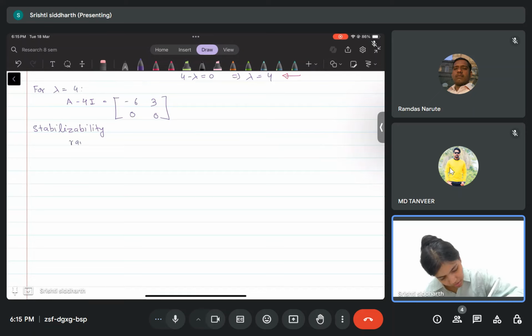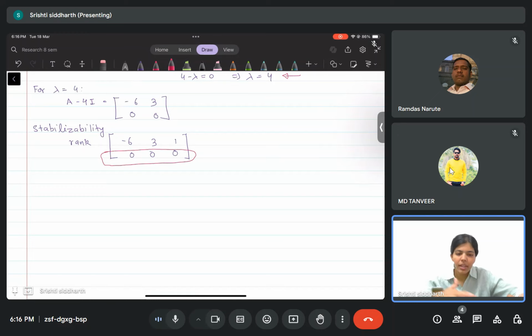Let's form that matrix: minus 6, 3, 0, 0, and then the B vector, which is 1, 0. So this is a whole row of zeros. You can see that there is only one linearly independent row. Therefore, the rank is 1, and the system is not stabilizable.